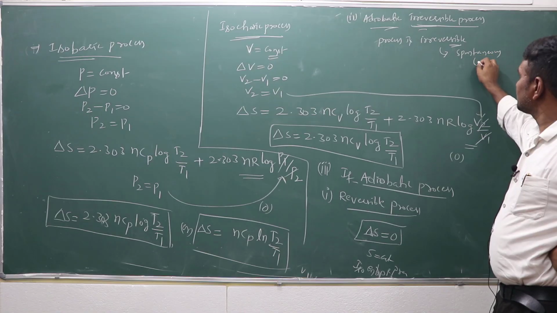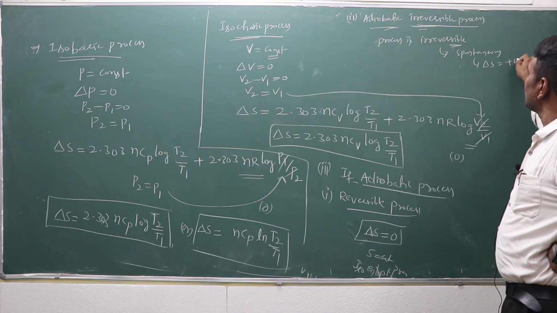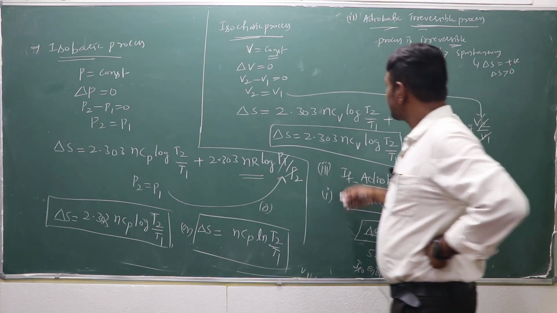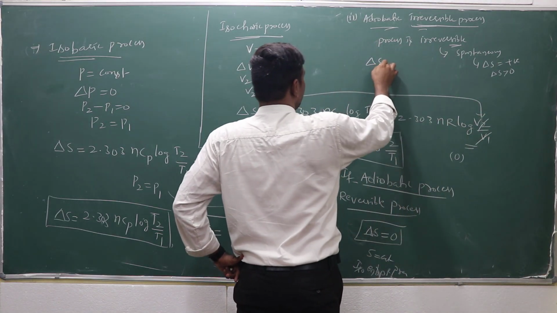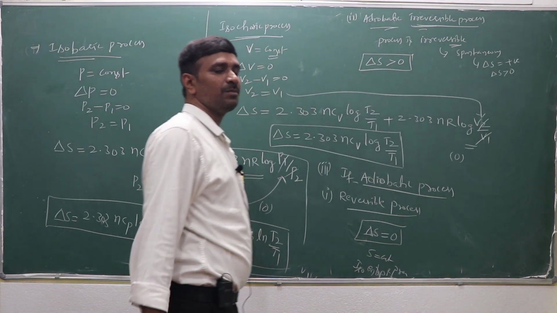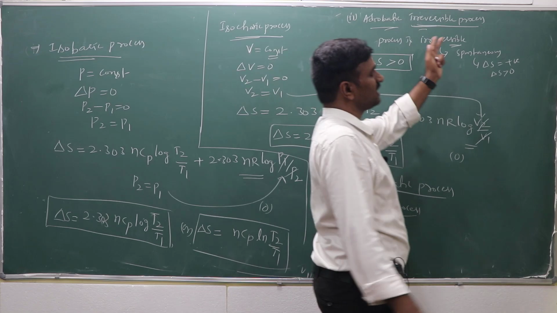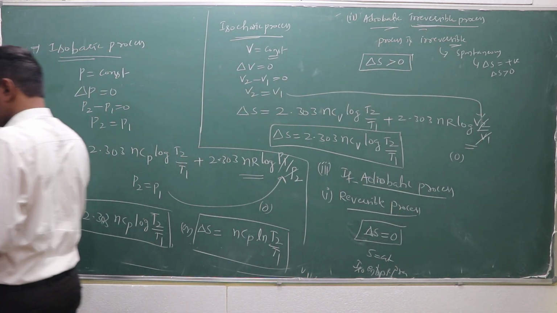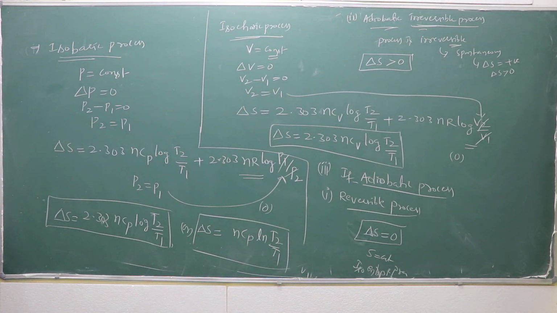In all spontaneous cases, delta S is positive, or delta S is greater than 0. So in the adiabatic irreversible process, delta S is greater than 0, because the process is irreversible. Whenever required, we use these relations.